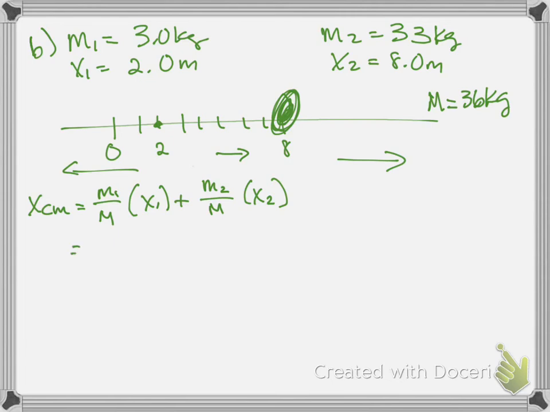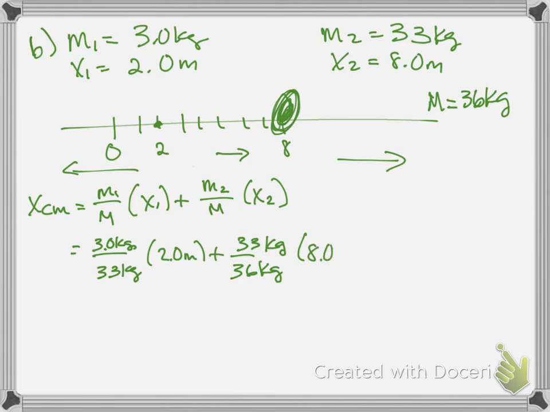So now we've got M1 is 3 kilograms over 33 kilograms times 2 meters plus 33 over 36 times 8 meters. Let's look at these fractions again. Remember, these fractions tell us how much each object contributes to the center of mass. M1 here only contributes 1/11.